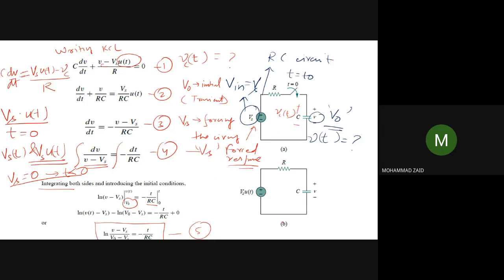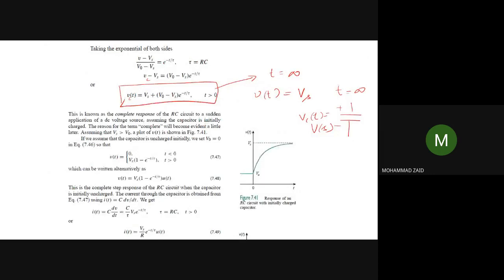Just by common sense and the property of the capacitor, we can say that at t equal to infinity, the capacitor will be charged to a voltage Vs, and it will become an open circuit. That means no current will flow, and the current will become zero. So that is something we can easily predict.